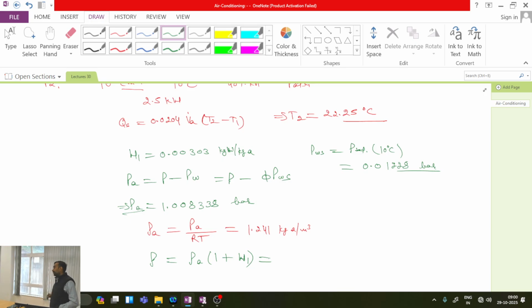Is this part clear or not? Did you get this value? Please tell me, answer something.